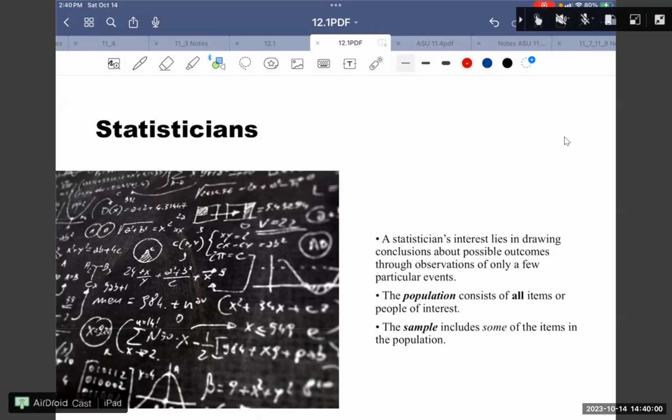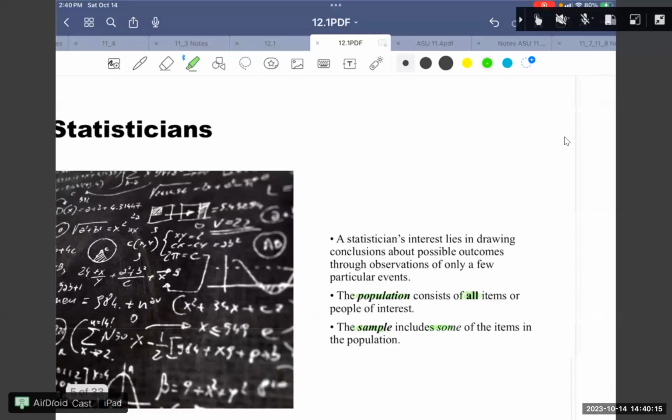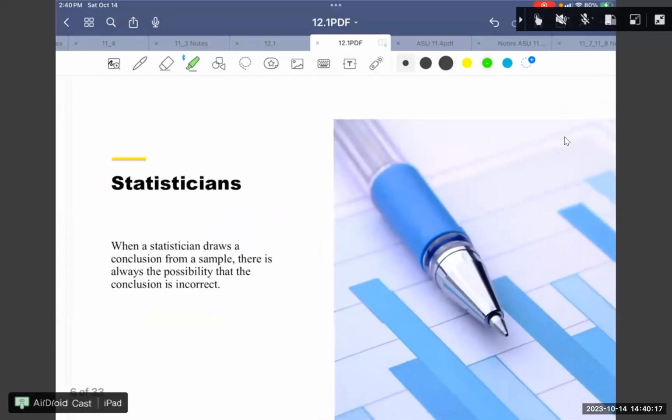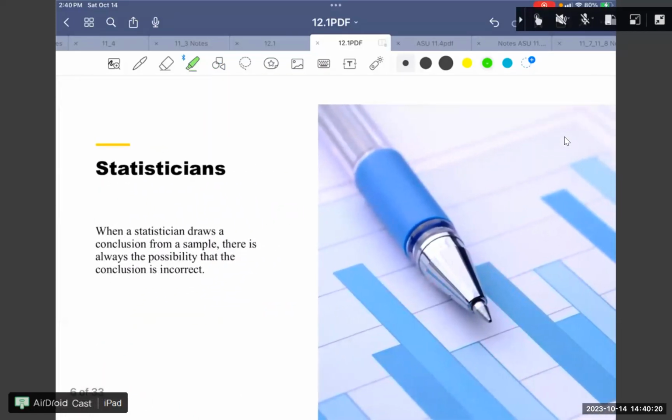A population considers all the items or people of interest, and a sample includes some of the items in the population. So when a statistician draws a conclusion from a sample, there is always a possibility that the conclusion is incorrect.